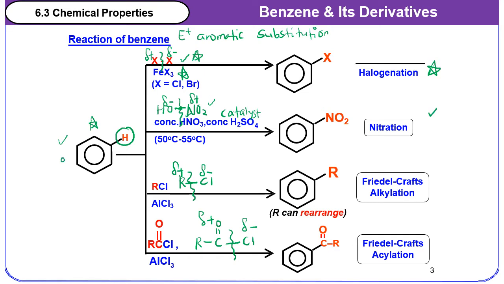If benzene reacts with haloalkane in the presence of AlCl3 as the catalyst, the process is known as Friedel-Crafts alkylation. And the last one, if benzene reacts with the acyl chloride, the process is known as Friedel-Crafts acylation.